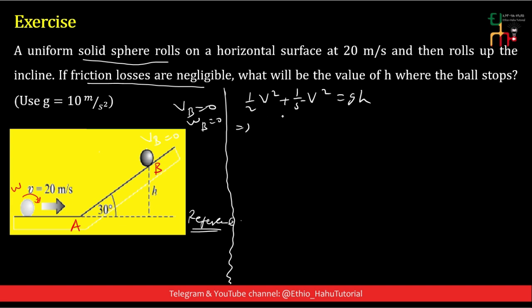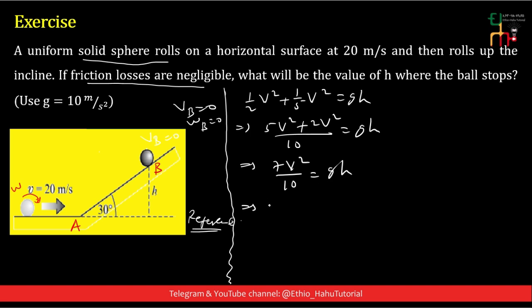This implies 5 v square plus 2 v square, divided by 2 times 5, 10, is equal to g times h. That is 7 v square over 10 equals g times h. Dividing both sides by g, h is equal to 7 v square divided by 10 times g.